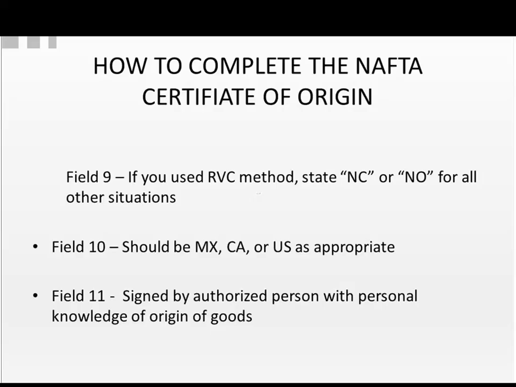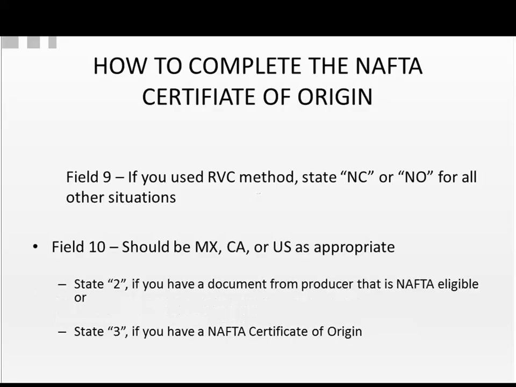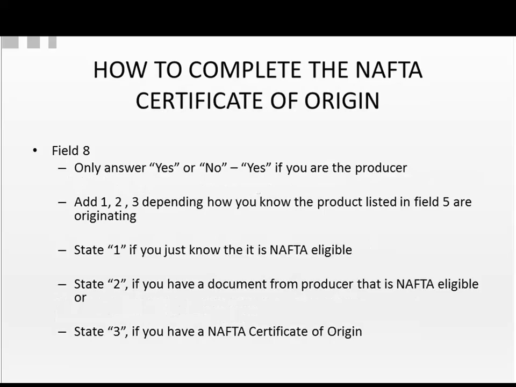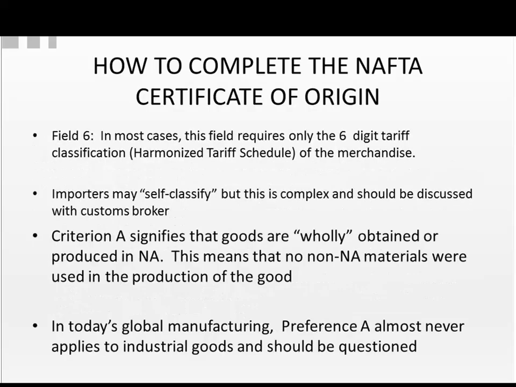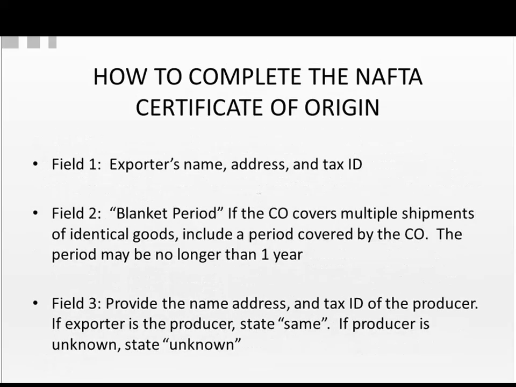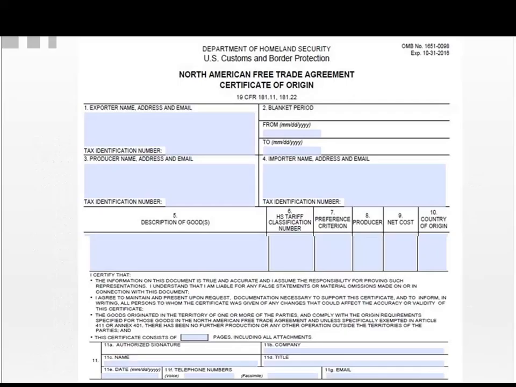Field number 10, let's go back just to make sure that you fully understand where we're at on the actual document. I'll go over it in more detail now that we're looking at the actual document itself. For field number 8, I went over this. Remember, don't put the producer there.